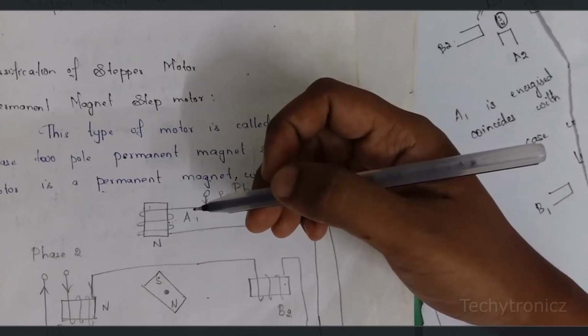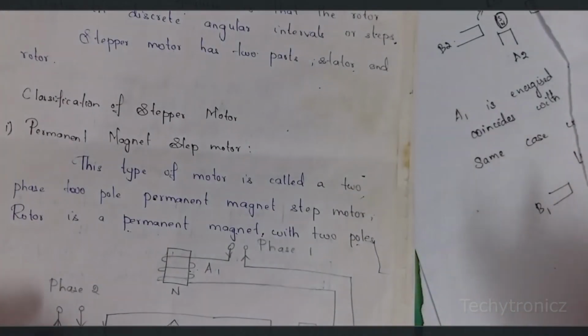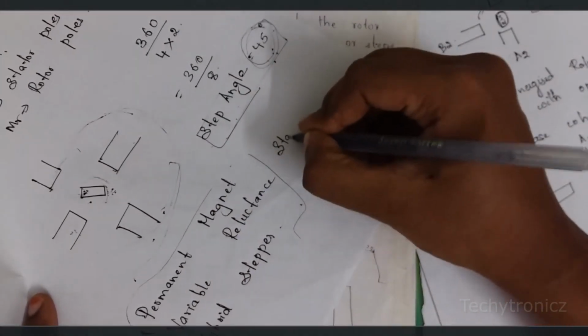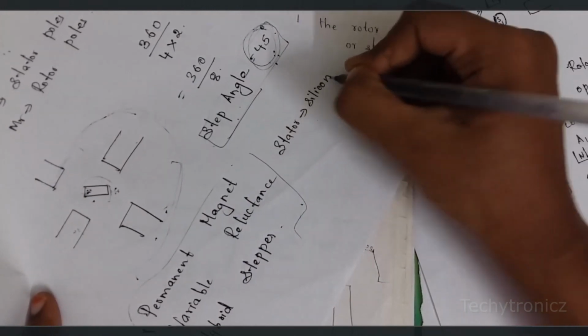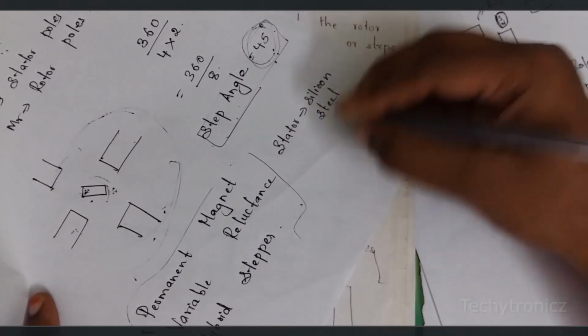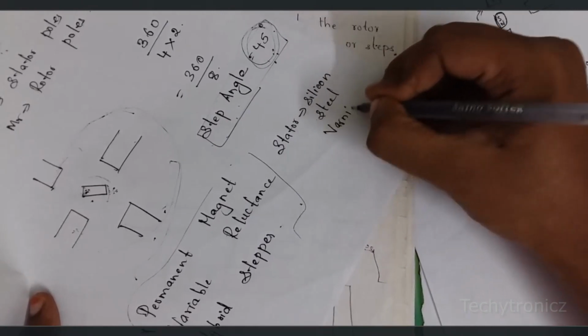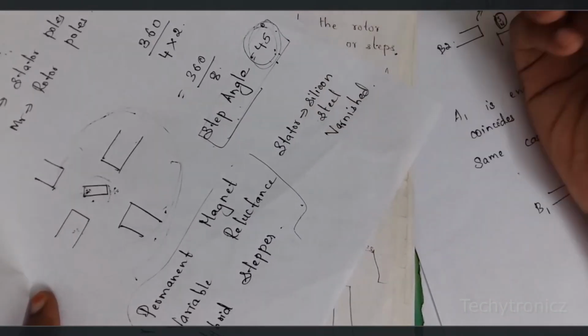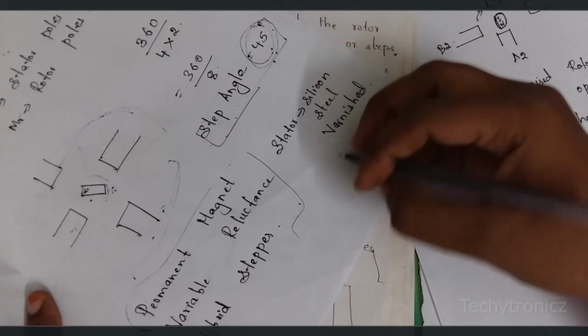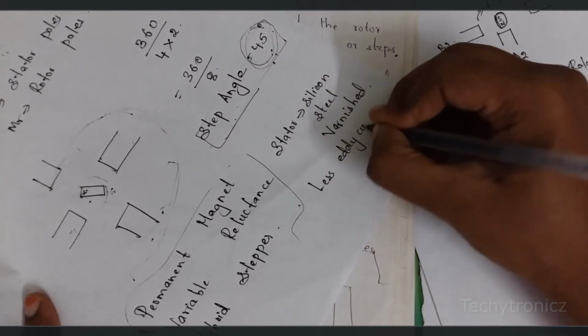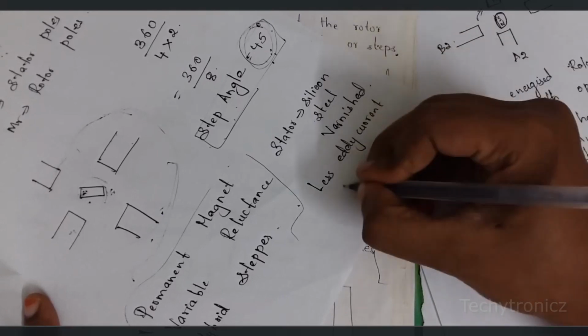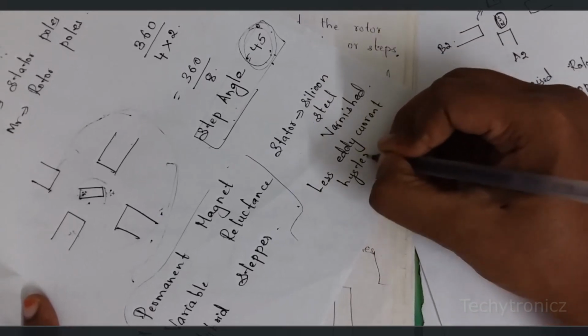In this stepper motor the stator is constructed with silicon steel and it is varnished. This produces less eddy current and hysteresis loss.